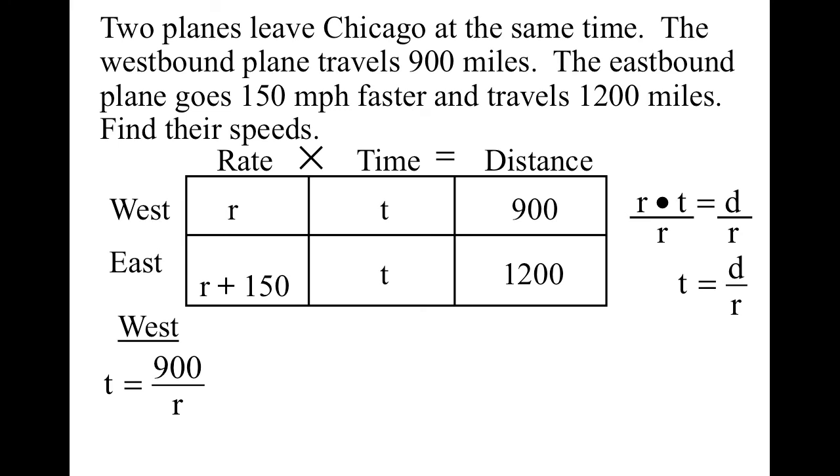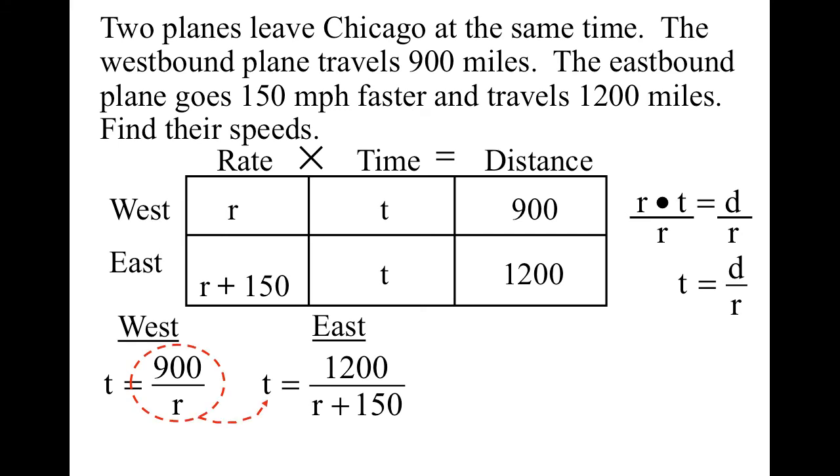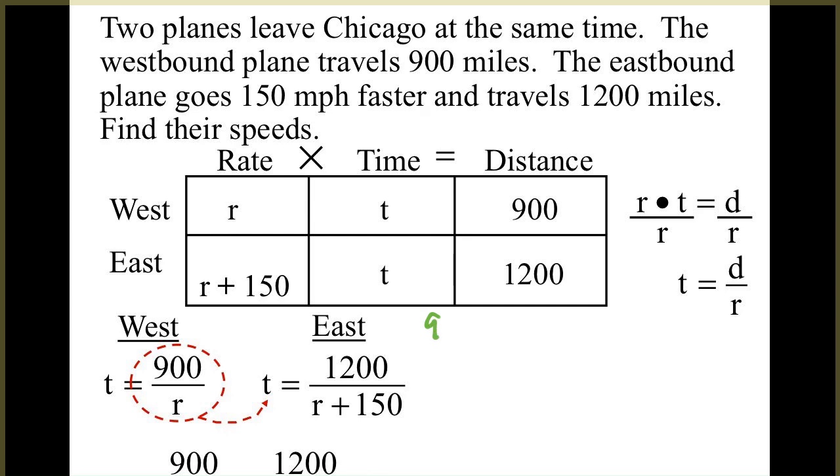T is equal to 1200 over r plus 150, and then they just do the straight substitution right away. So that's where they end up with what you're not seeing that's getting cut off. They give you the 900 over r equals 1200 over r plus 150.